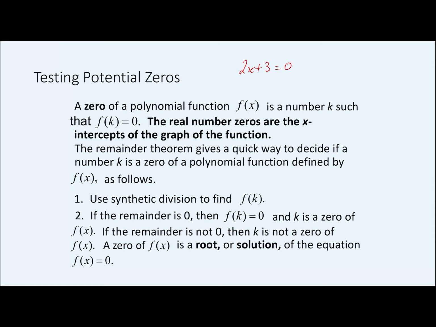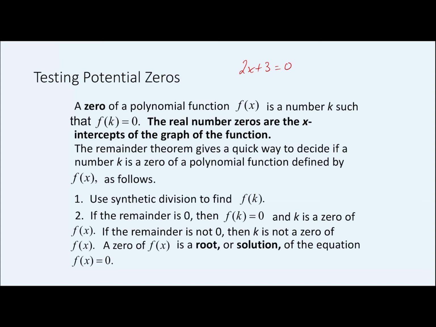Well, that's basically what we're talking about. If we can take a function and set it equal to 0, then when we solve for x, we're going to find f of x equals 0, right? Because f of whatever x number we put in should give us 0.